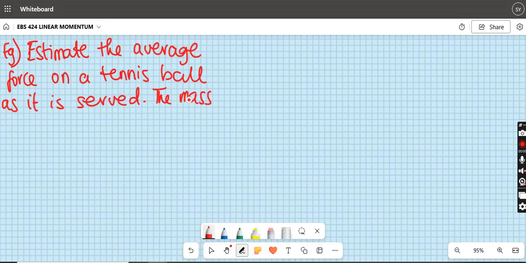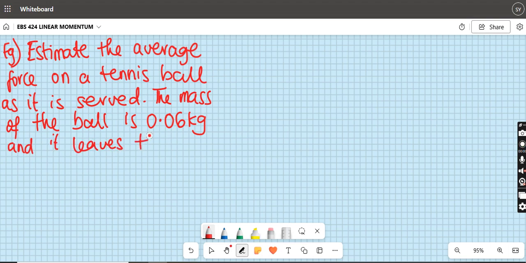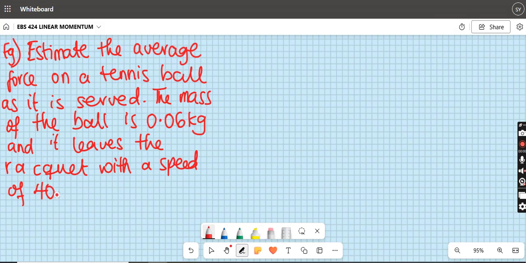The mass of the ball is 0.06 kilograms, and it leaves the racket with a speed of 40 meters per second. The contact time is 5 seconds.